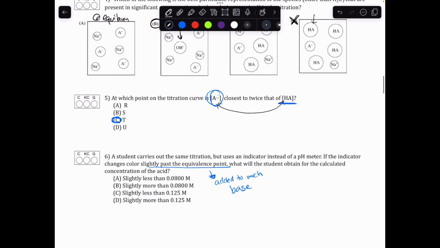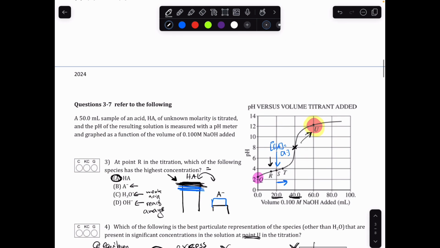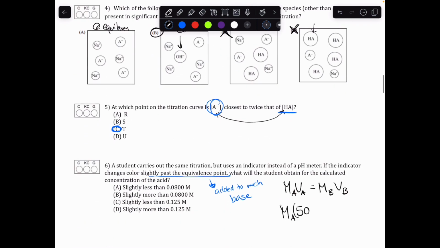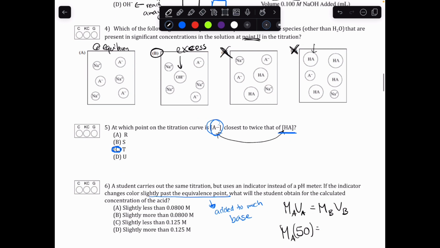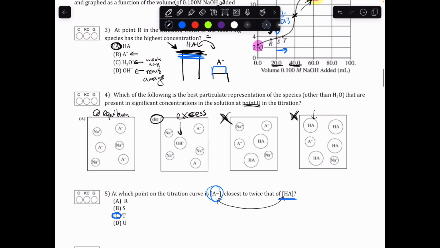So the equation for the equivalence point is the M of A, V of A equals M of B, V of B equation. And so the M of A is the molarity of the acid we're trying to find. The volume of the acid is the 50 milliliters that they told us we started with. The molarity of the base is also given in the problem here. So we have a 0.1 molarity of base, and then the volume of the base is how much we put in to get to the equivalence point.